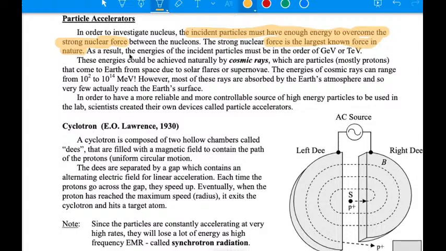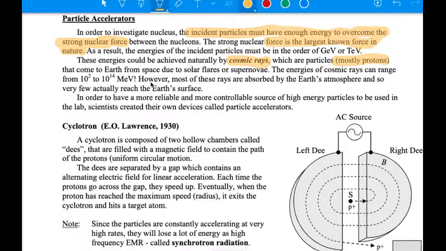So they need to be in the order of giga electron volts or tera electron volts. In nature, that can be achieved by cosmic rays coming from solar flares or supernovae. Those are mostly protons ejected with tremendous amounts of energy from our sun or from other stars.